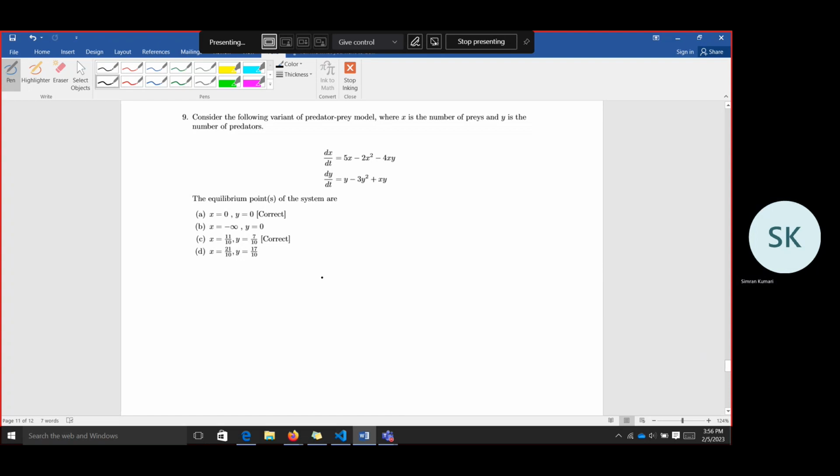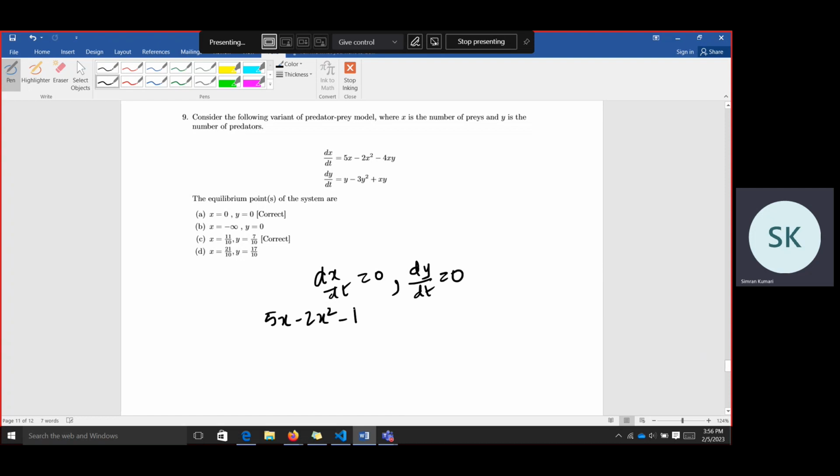So dx by dt should be 0 and dy by dt should also be 0. Then we get 5x minus 2x square minus 4xy equal to 0, and y minus 3y square plus xy equal to 0.